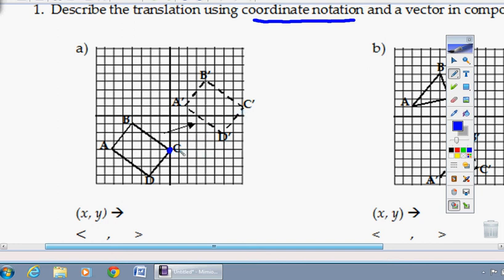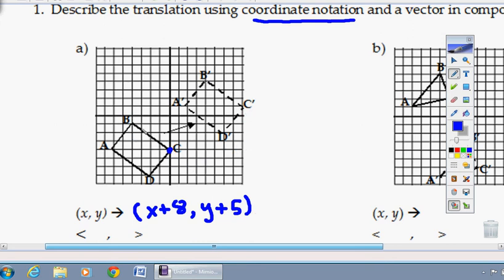Well, we go over 1, 2, 3, 4, 5, 6, 7, 8, and we go up 1, 2, 3, 4, 5. So we would say xy goes to x plus 8, comma y plus 5. So I go right 8, up 5.